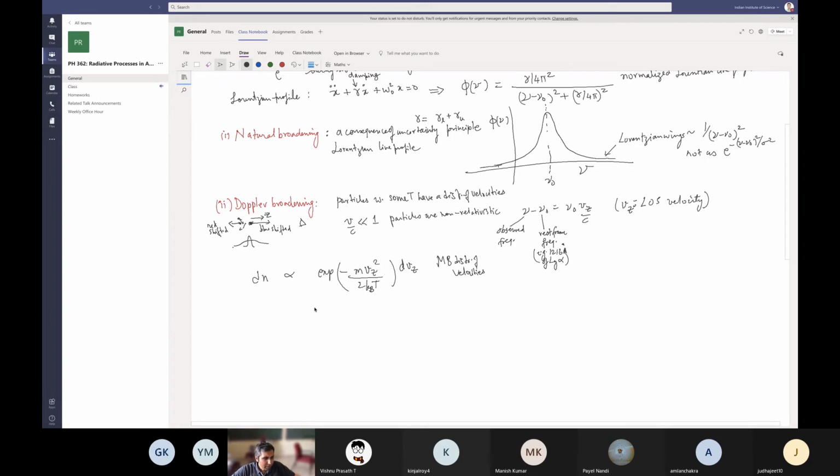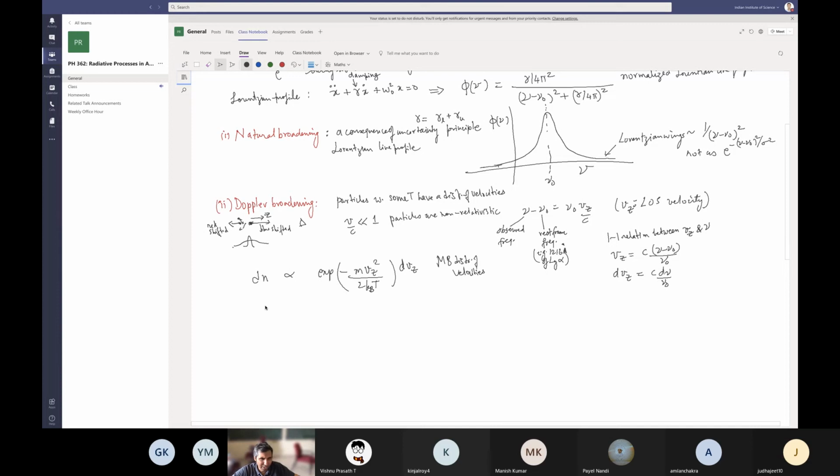Now nu and Vz have a one-to-one relationship between velocity Vz and nu. So we can actually change the variable from Vz to nu. Okay, so we have Vz equals c times nu minus nu naught divided by nu naught, and dVz equals c d nu by nu naught.